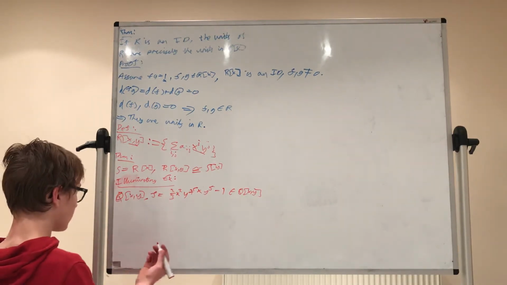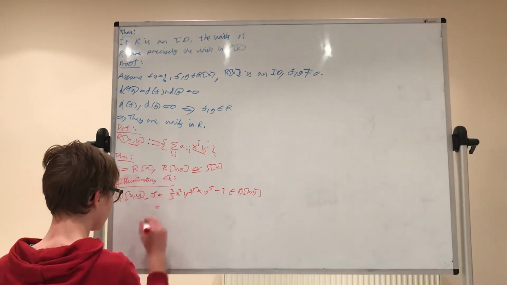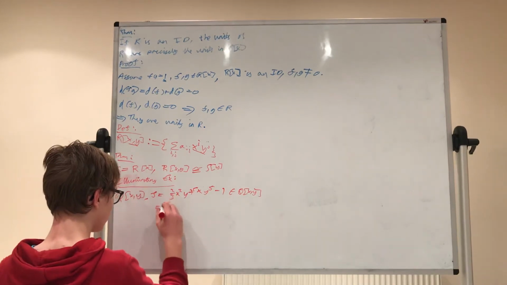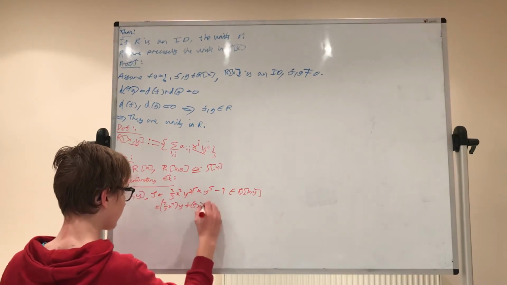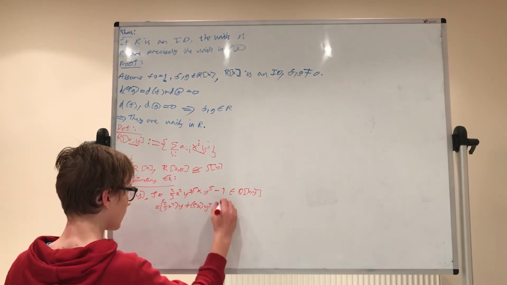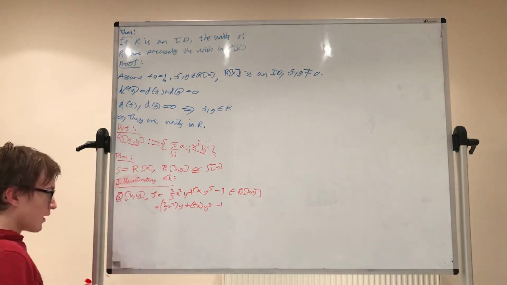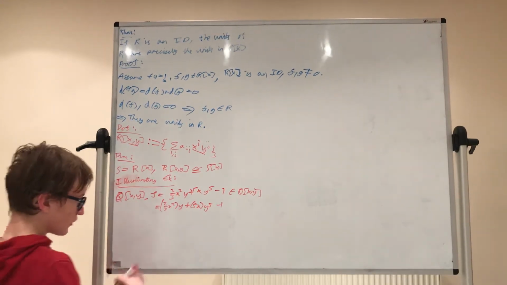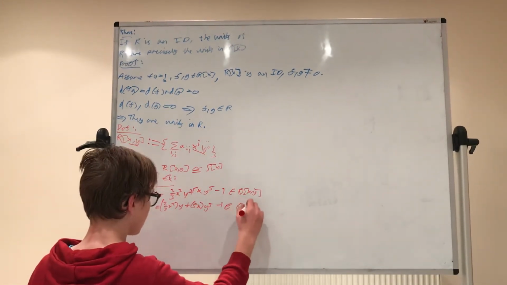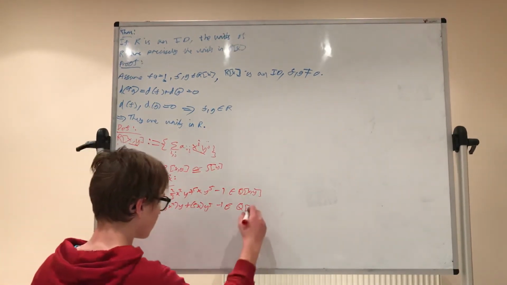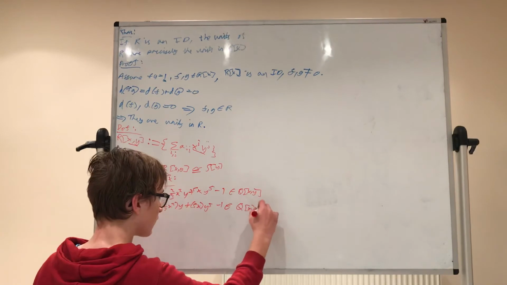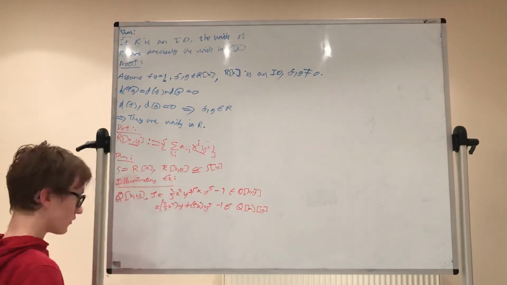So this is going to be equal to 2/3 x squared y plus 5x y to the 5th minus 1. And now the coefficients are going to be in Q of x, so it's just going to be like this right here.